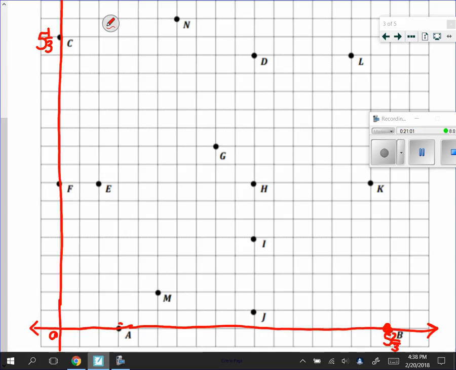So now what would be a really good idea is to label my units. So I know that if I've got thirds, then I need to go 1, 2, 3, that's 1. 1, 2, 3, that's 2. 1, 2, 3, that's 3. 1, 2, 3, that's 4. 1, 2, 3, that's 5. 1, 2, see there's 2/3, so we were right. 3, that ends up being 6.